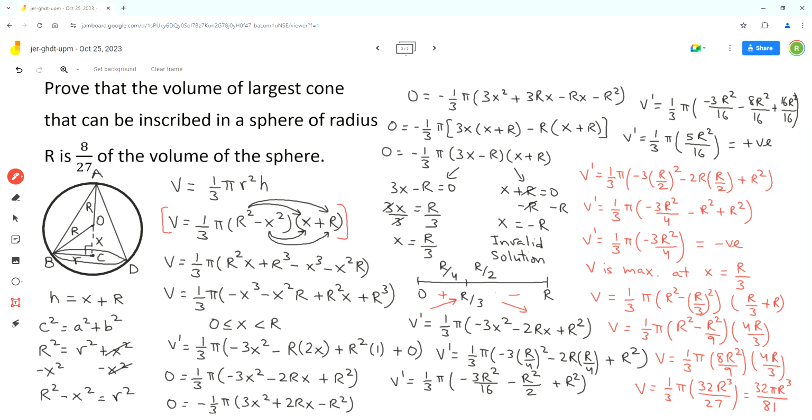So the volume of the cone is 32 pi R cube over 81.